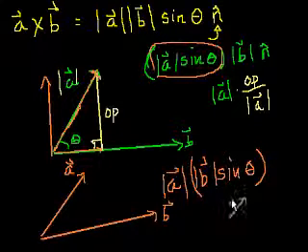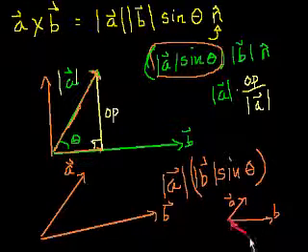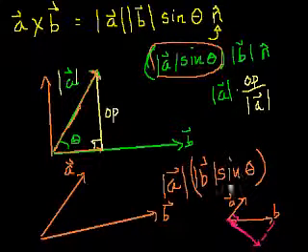If that's A and that's B, the component of B that is perpendicular to A is going to look like this. I'll draw it in a different color. It's going to be perpendicular to A, and it's going to go that far. Then you could go back to SOHCAHTOA and prove to yourself that the magnitude of this vector is B sine theta. So that is where the sine theta comes from.